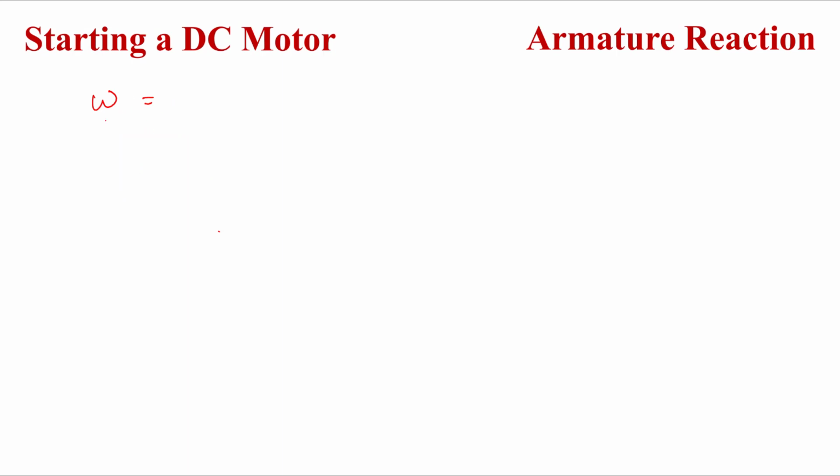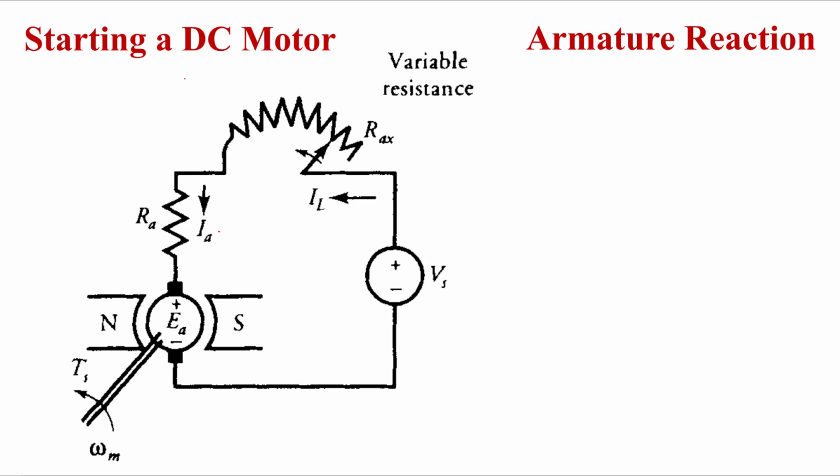So we need to put in the resistance. Gradually it will cut the resistance, and when the motor achieves its normal speed, the resistance will be cut, or we can say it will be away from the circuit, right? Now we can see in this circuit, this is a permanent magnet DC motor where we have a variable rheostat here, right?